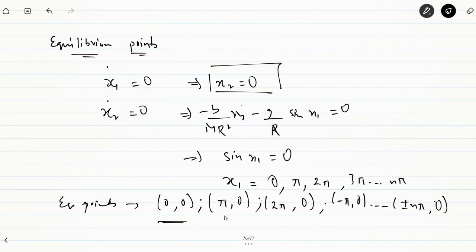Some hint I had already given you: to understand stability, we transform all of these state vectors from their location and shift them towards the origin by defining another state vector, say for example z dash, such that we transform that particular equilibrium point to the origin, so that analysis becomes easy.